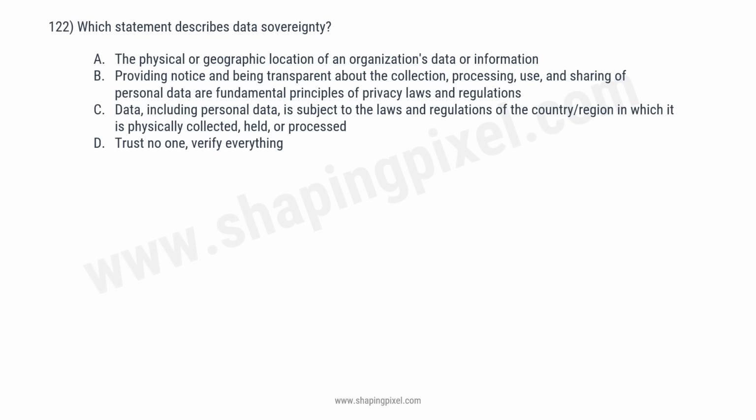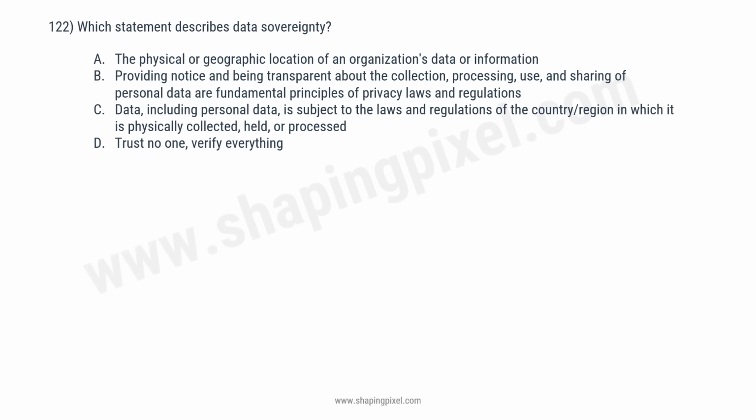So question number 122, which statement describes data sovereignty? Option A, the physical or geographic location of an organization's data or information. Option B, providing notice and being transparent about the collection, processing, use, and sharing of personal data are fundamental principles of privacy laws and regulations.